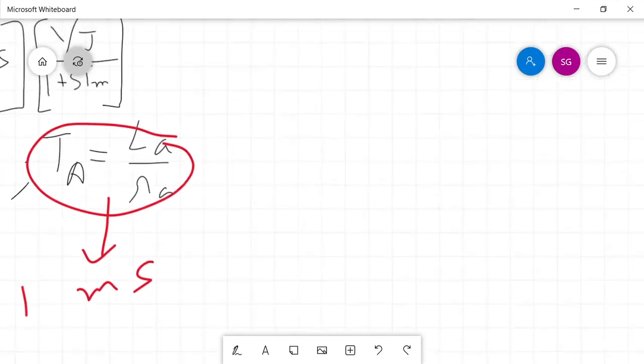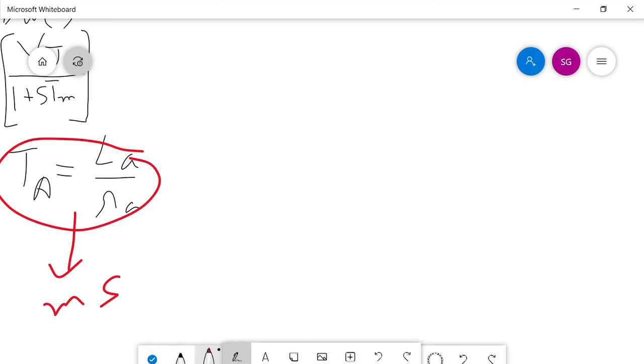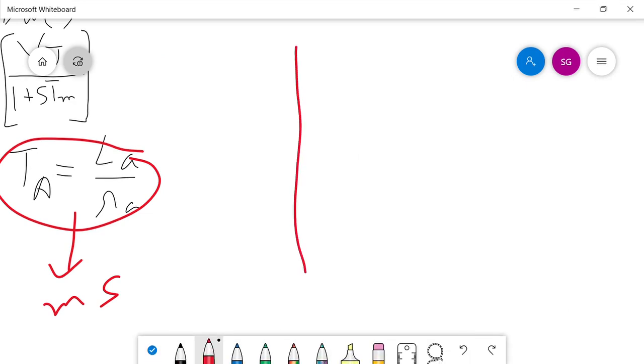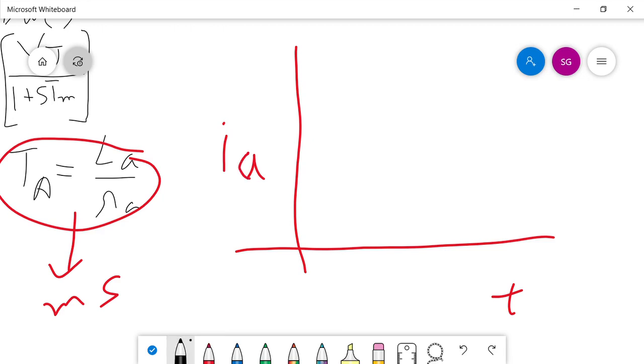If we make a single diagram in which t is there, and we plot ia, let us draw the current ia in red and your omega in black.